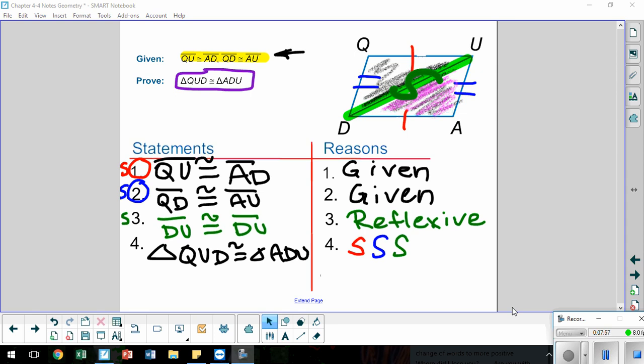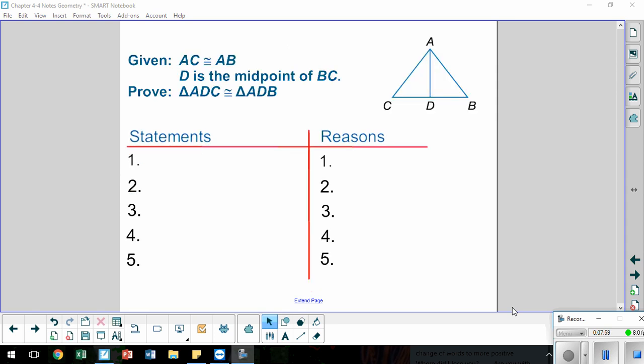Let's go to this page. All right, so we have this triangle. You see what this triangle is, set up against each other.